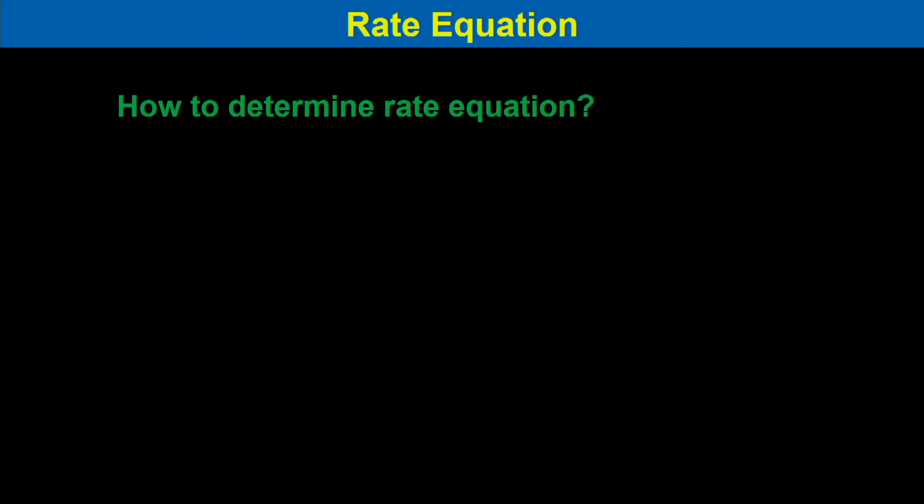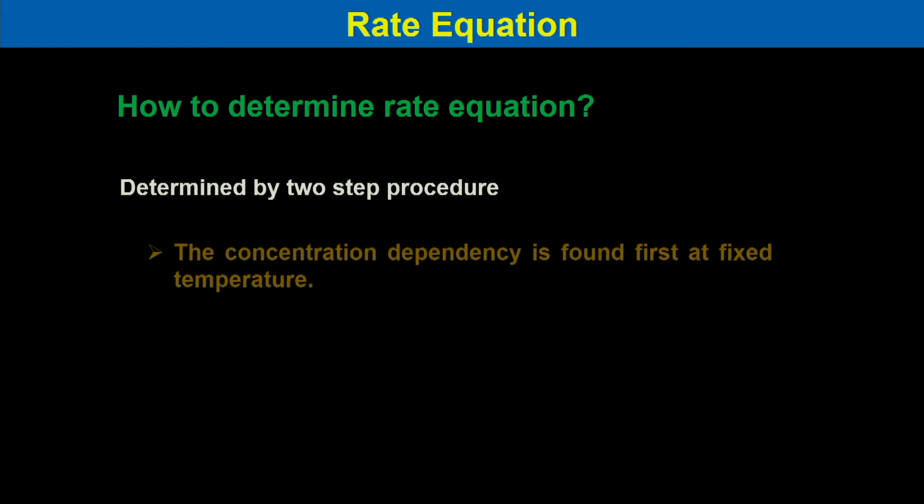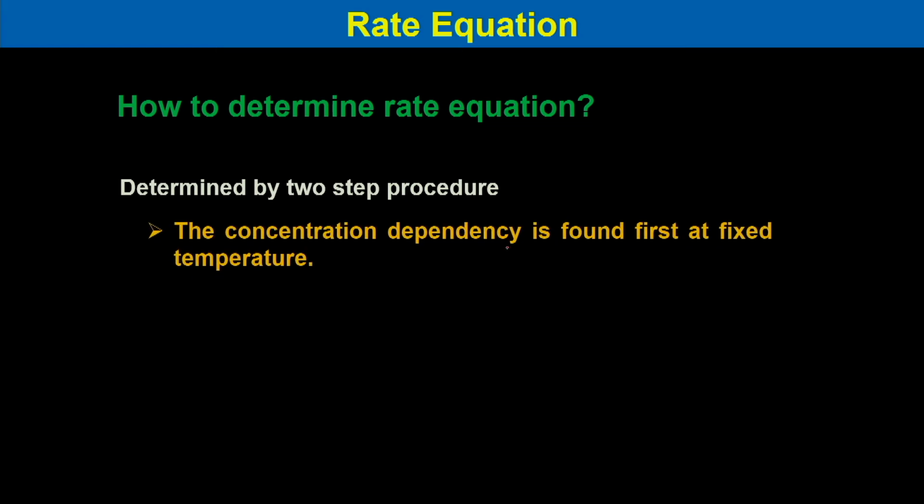How to determine a rate equation? We need to obtain the rate equations, but how can we obtain them? To obtain the rate equations, we need to follow two different procedures. One of them is that the concentration dependency is found first at a fixed temperature, and then the temperature dependency is found. To find the concentration dependency, we have to keep the condition isothermal.